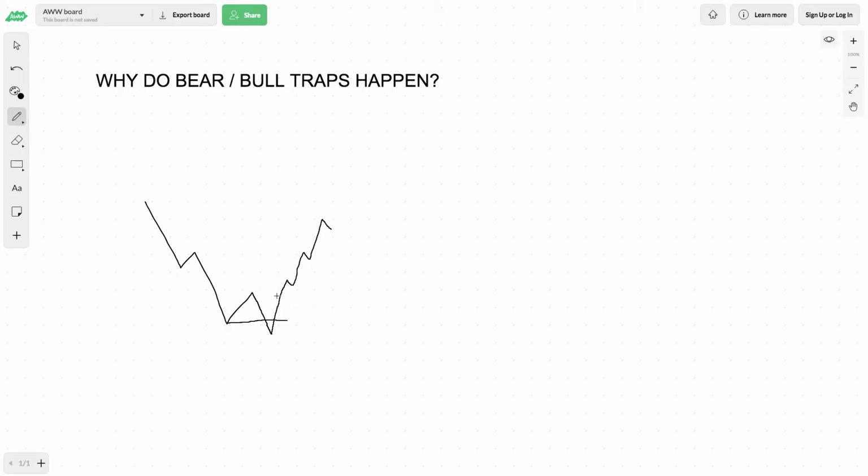And it's only really after the fact that this move happens that this is now considered what we call a bear trap, because traders who are bearish and trying to get short at this level would have been entering short here, and now they're kind of trapped in their position if they don't use a stop loss.